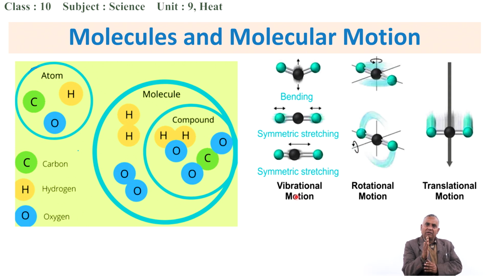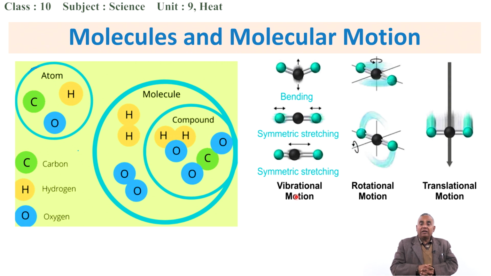Maybe the vibration is up and down, maybe it is less on one side and more on the other, it doesn't matter. But in vibration the particle comes back to its original position.